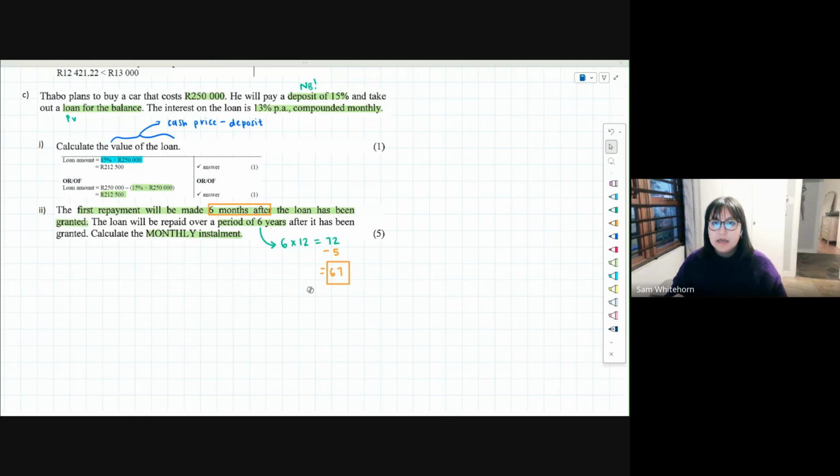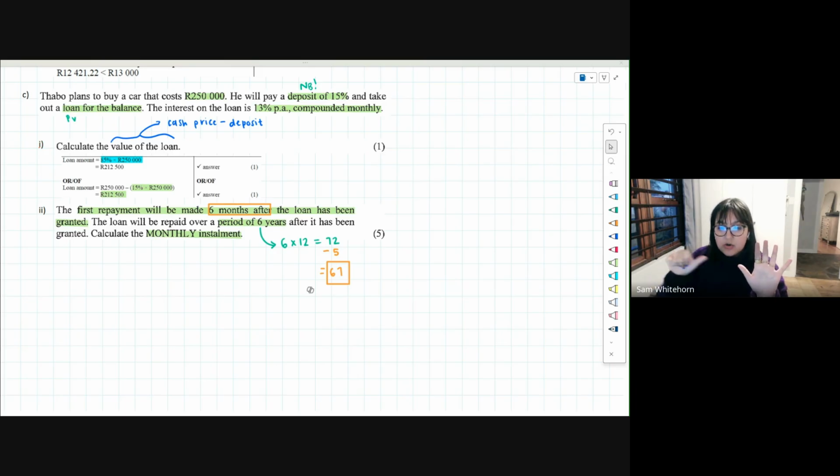Okay, so I'm going to say it again. The first 6 months is missed. The first repayment is made 6 months after. In the first month, remember, nothing happens, because usually in the first month we don't do anything with the loan. We only make the first repayment 1 month after the loan has been granted. So that first month, I don't want to say we don't consider it because we're going to consider it in a second, but I don't need to make a payment in that first month anyways.